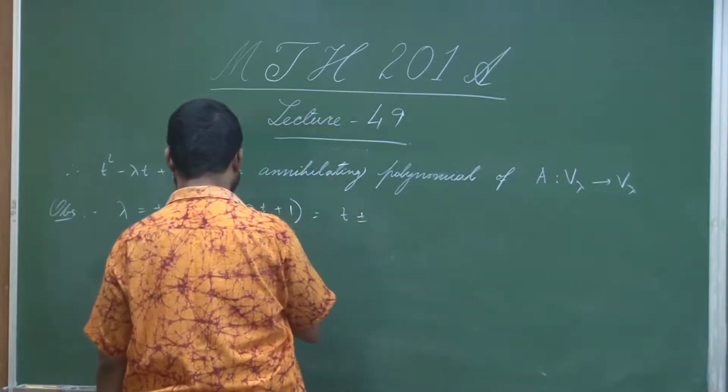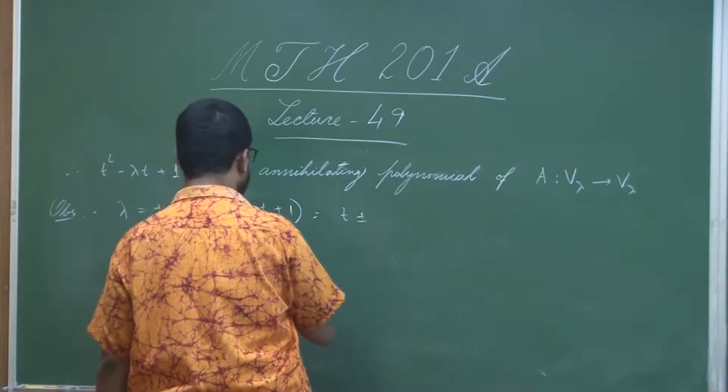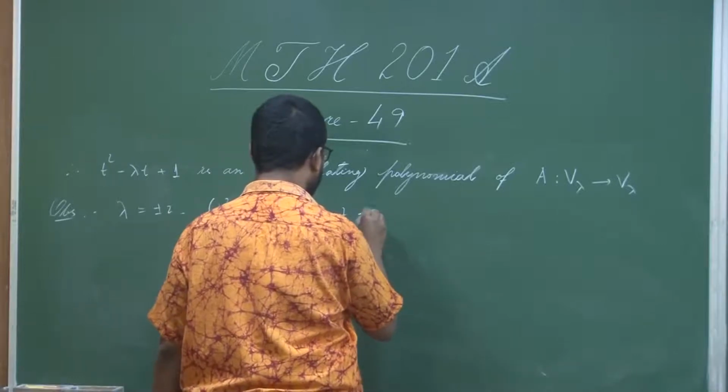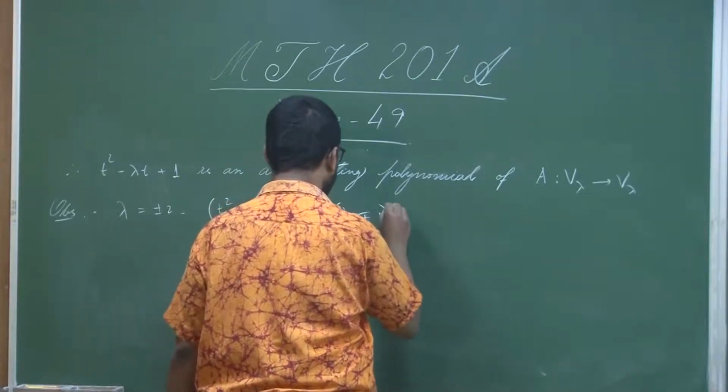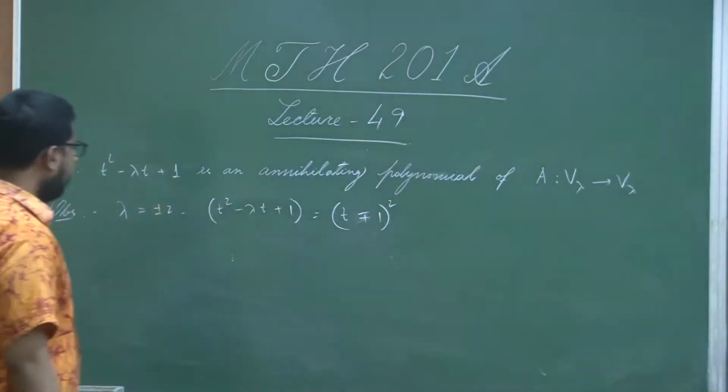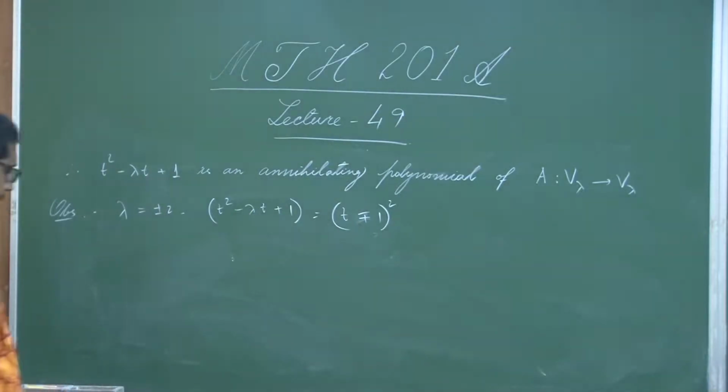If lambda is 2, then this will be T minus 1 squared. Okay. Fine.